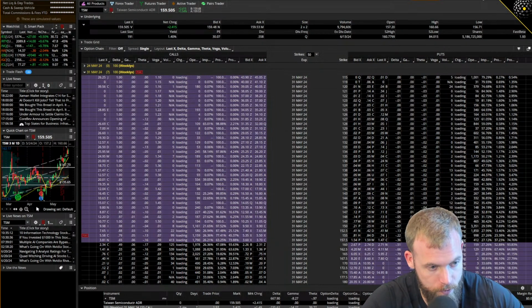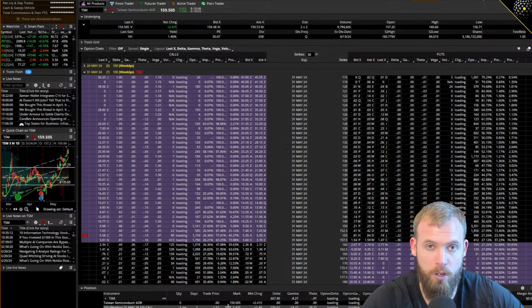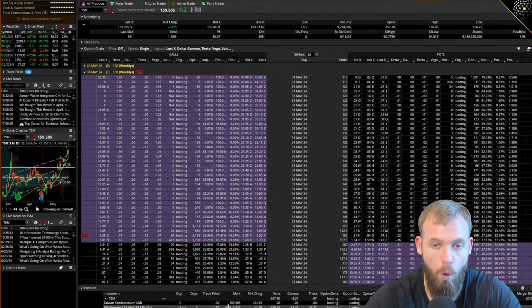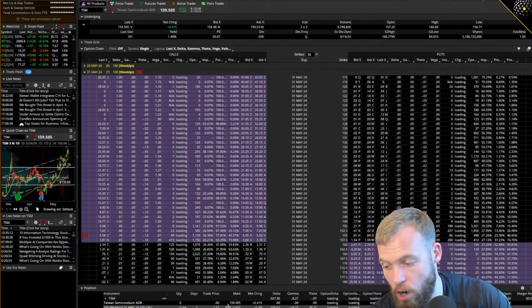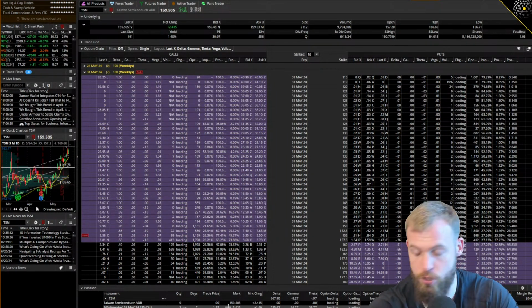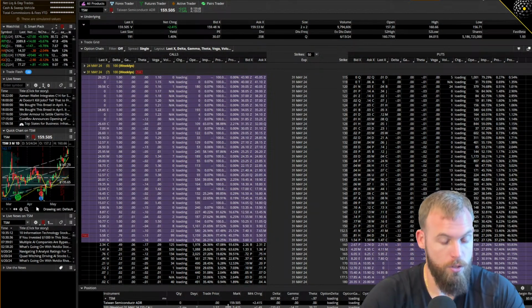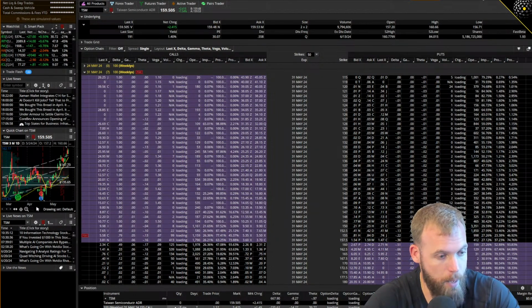I sold them for $1.57, I'm buying them back at $5.43, and I'm closing this trade. That's the first part of the roll. Whenever you roll a trade, you literally are realizing the P&L on your position. That's the first thing you have to know. So that's the first step here.